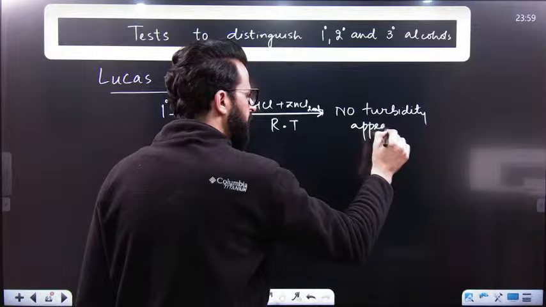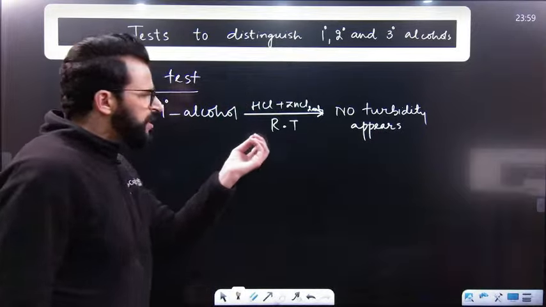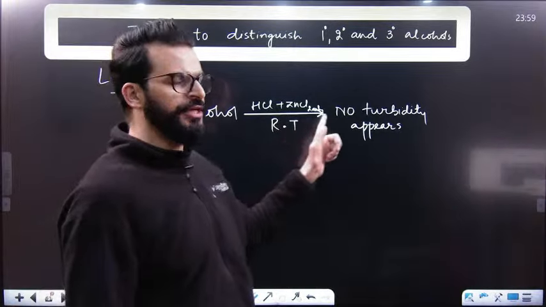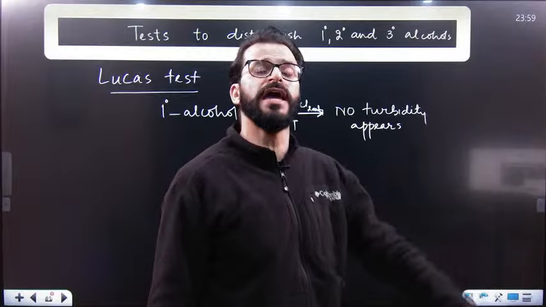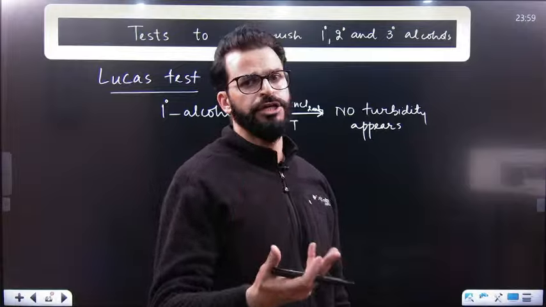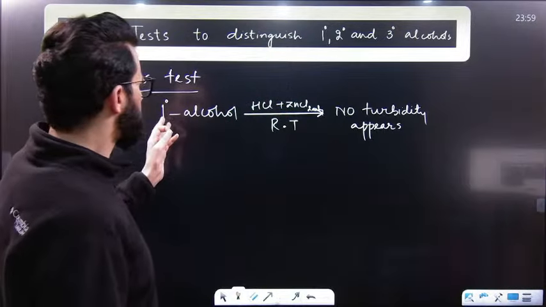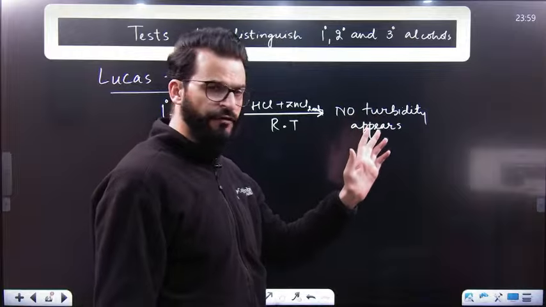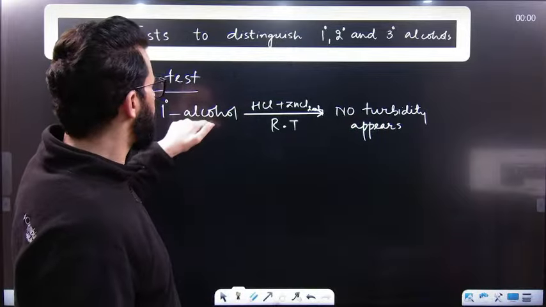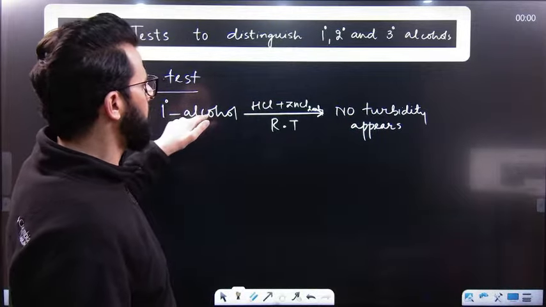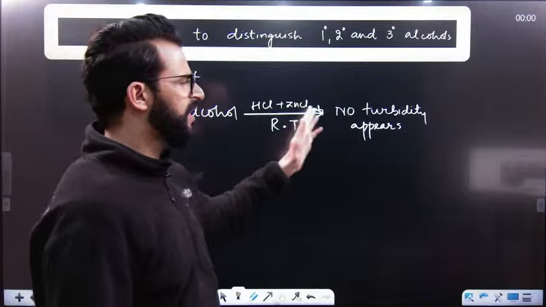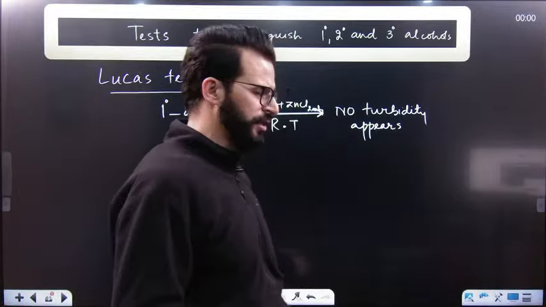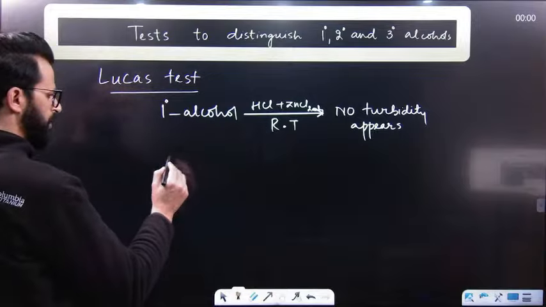But let me tell you, if we slightly increase the temperature, the reaction takes place. That means turbidity can appear after heating. Alkyl chloride will be formed, OH will be lost and this OH will be replaced by Cl. So turbidity can appear, but after heating, not at room temperature.